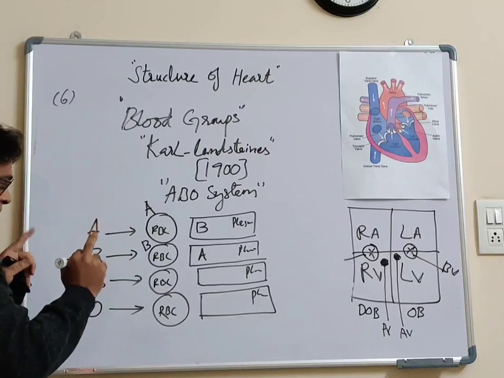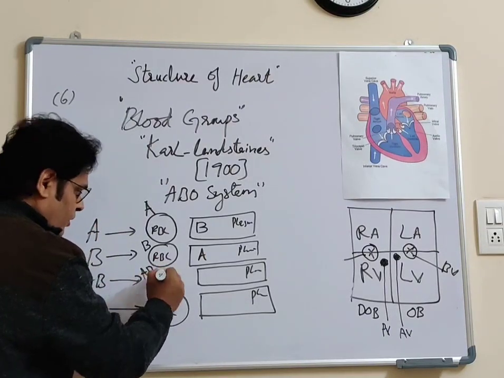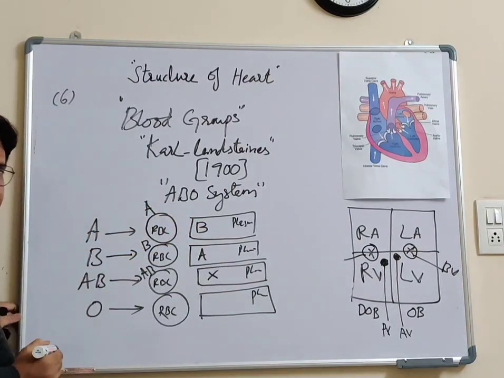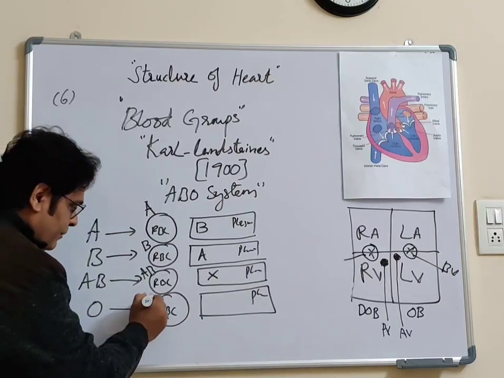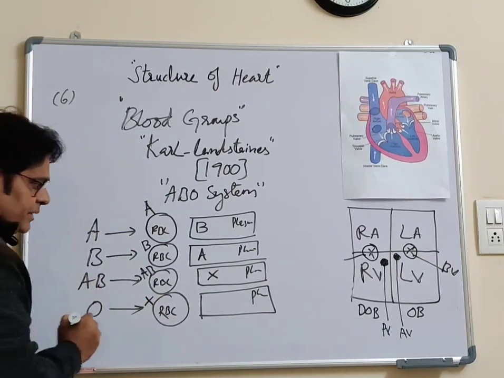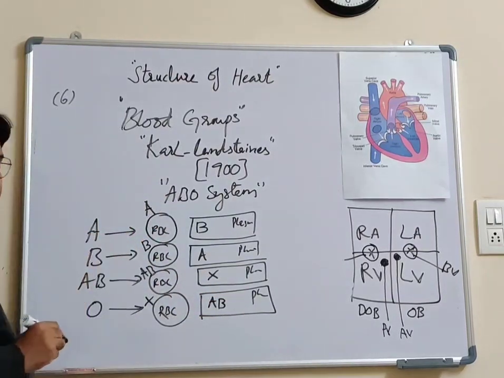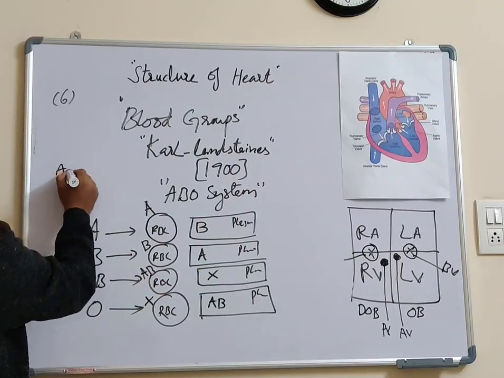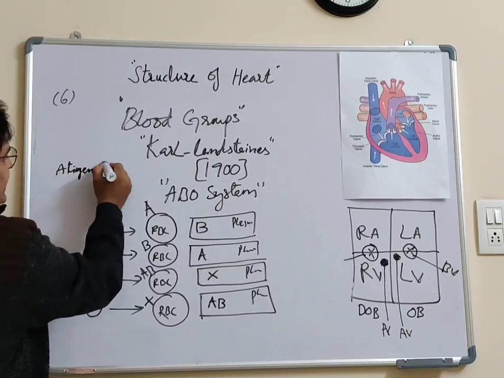Clear? A person with blood group AB has both antigen A and B on the RBC membrane, but both antibodies are absent in plasma. Clear? A person with blood group O will not have either antigen on the RBC membrane, but both antibodies are present in plasma. Clear? Now, what are antigens and antibodies? They are chemicals.